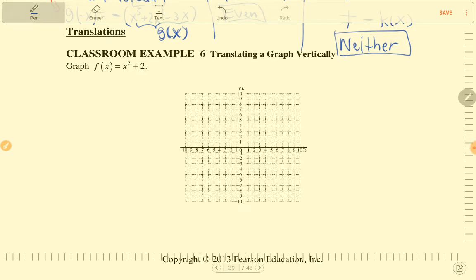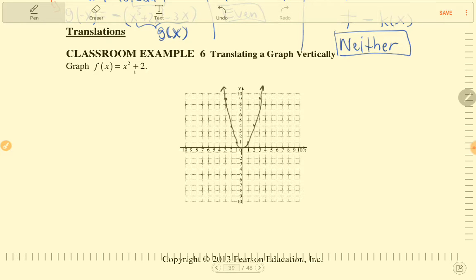So the original parent function here is x squared, which would look like this. Okay, the original.